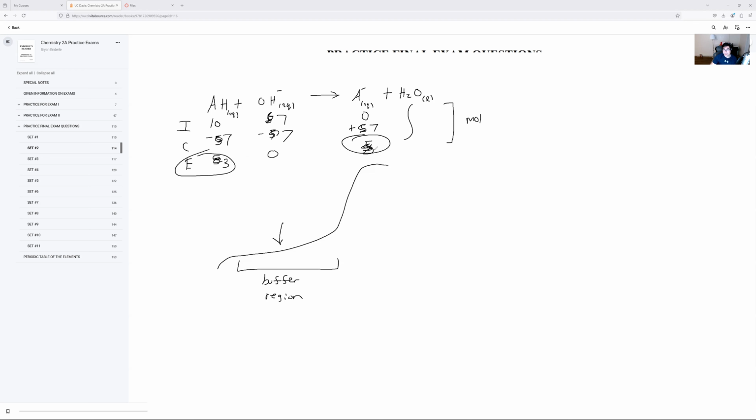Then B over A would be 7 over 3, log of 7 over 3. And so you would use the Henderson-Hasselbalch, and then you could find the pH. That's the only other way they can make these harder: you add some strong base and then you find the pH just using the Henderson-Hasselbalch, right? Because you made a buffer.